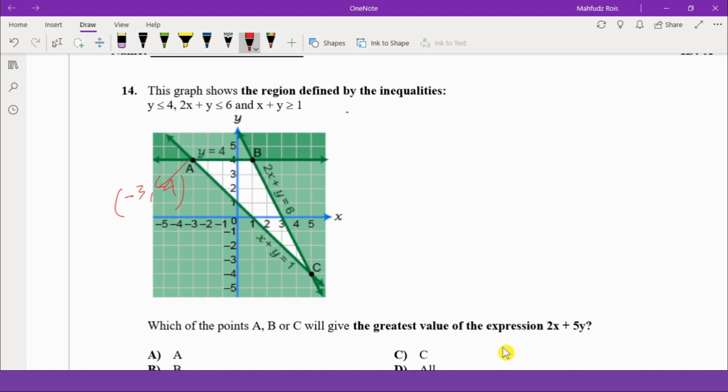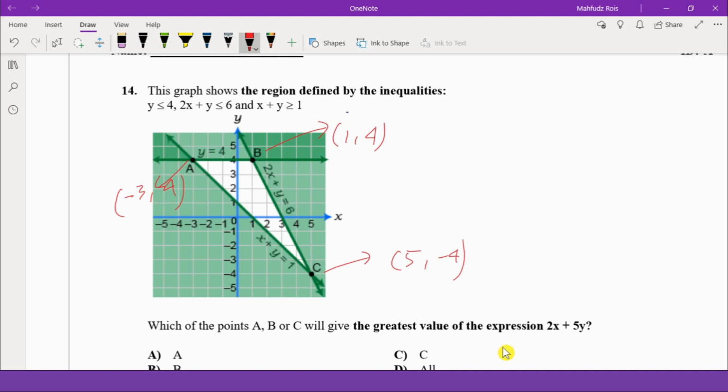It's for A. And then for B, here is 1, comma 4. And point C, here we have 5, comma -4. And then you just plug into this expression, and then we choose the greatest one.